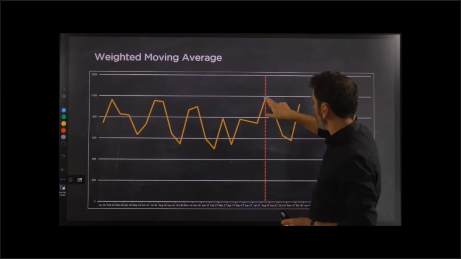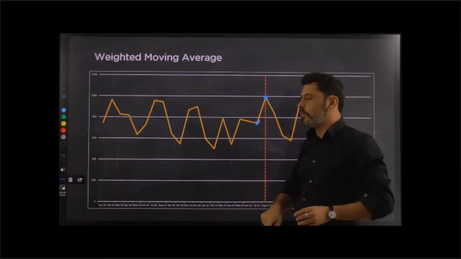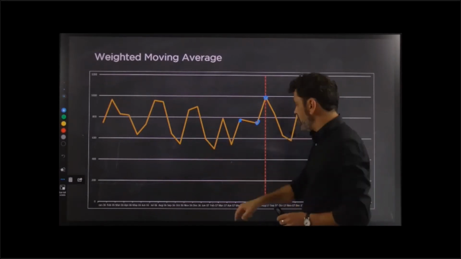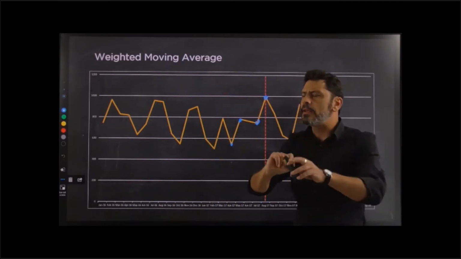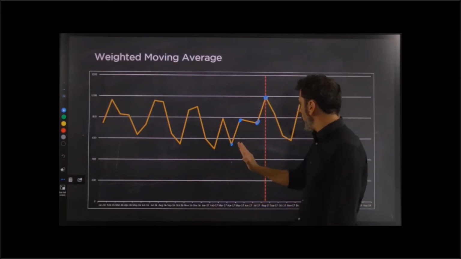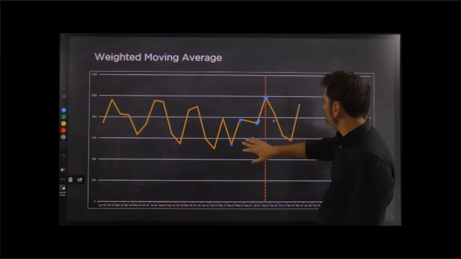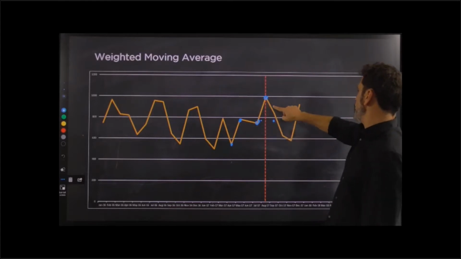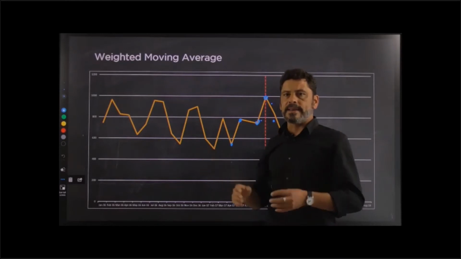For instance, this one will account for 70% of my forecast, this will weigh in for 20%, this one for 10%, and this one for 5%. Probably my ratios are not entirely correct, but I think you can catch the concept behind it. This is more important than that one. So if I create a forecast, it would not end up here, but probably somewhere over there, a weighted average.